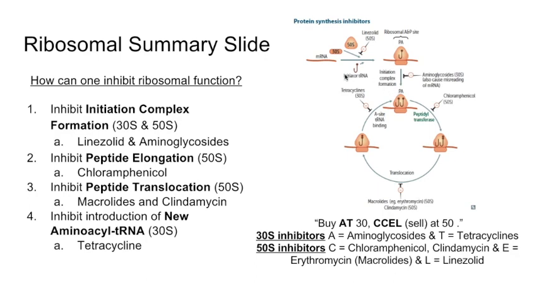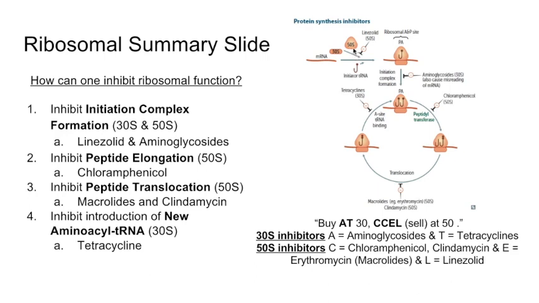So the first thing is that we can inhibit the initiation complex formation. So that's both the 30S and then the 50S. And the medications that do that are linezolid and aminoglycosides. If you look at this diagram from First Aid, 50S is right here and 30S is right here. As they come together, linezolid comes in and says, hey, I'm not going to let you bind together.